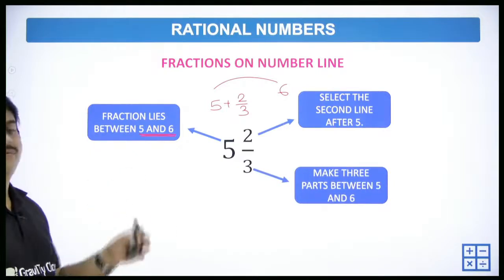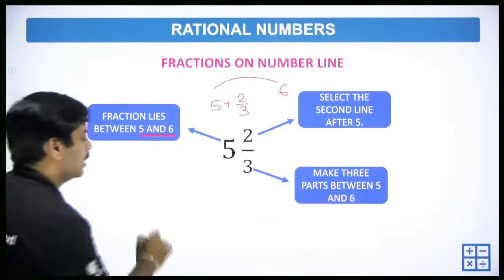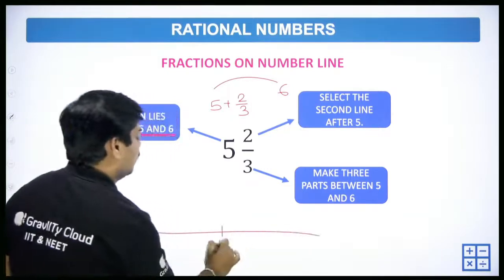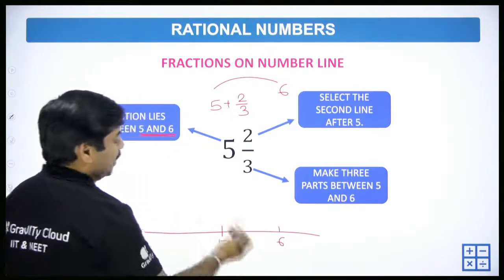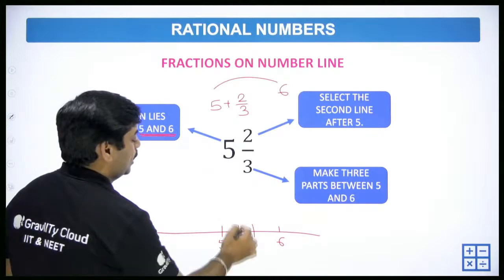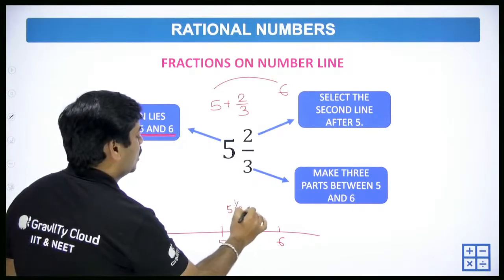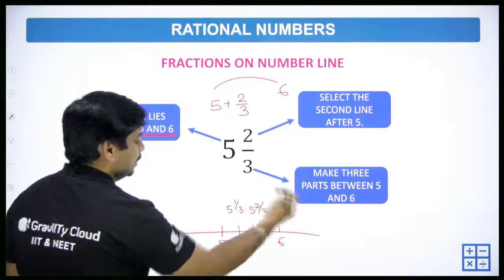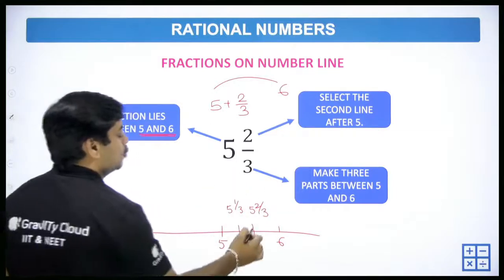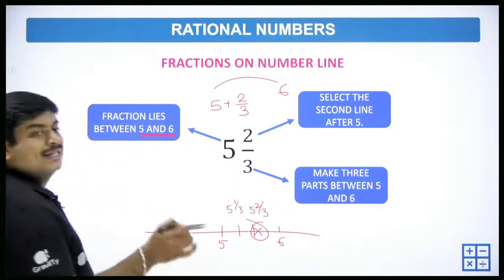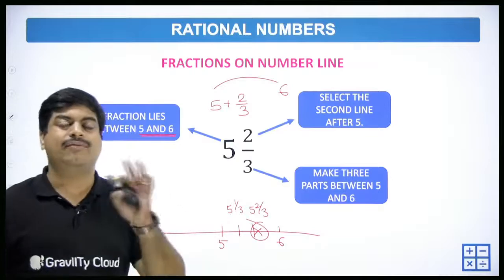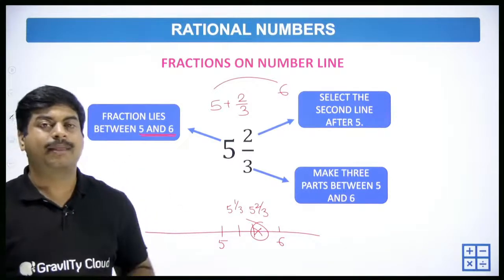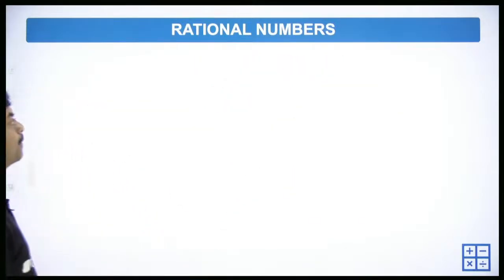Make 3 parts between 5 and 6, as we have discussed. So take a number line. Number 5 will be here, 6 will be here. After 5, you divide into 3 parts, so that the first is 5 1 by 3, the next one is 5 2 by 3, and the next is 6. So 5 2 by 3 is a number very near to 6, which is greater than 5 but less than 6. Right? So moving ahead.